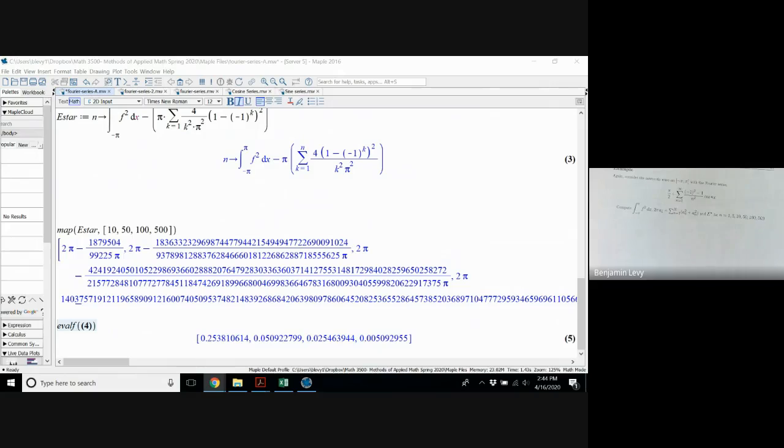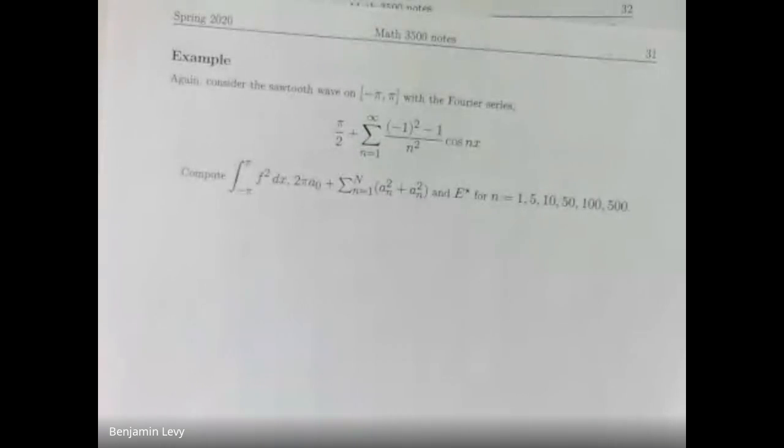Maybe we never did the sawtooth one. So currently I'm just trying to look for this in the notes.